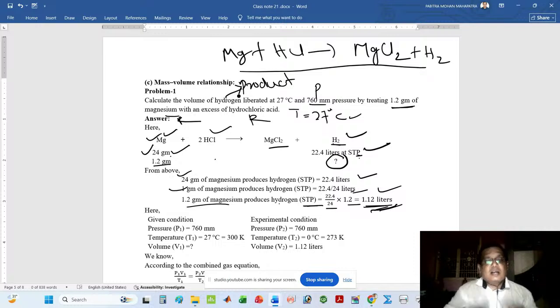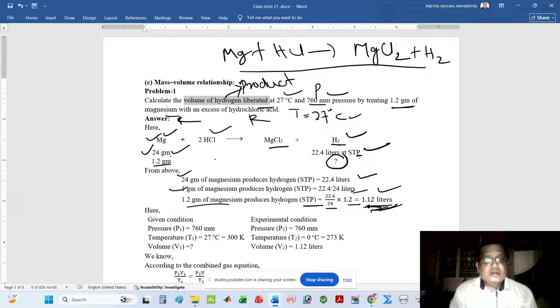Actually, here the question is calculate the volume of hydrogen liberated at 27 degree centigrade, and the pressure is 760 mm pressure. Again, I want to say that 1.12 liter is not the answer, because here the volume 1.12 liter is measured at STP condition.